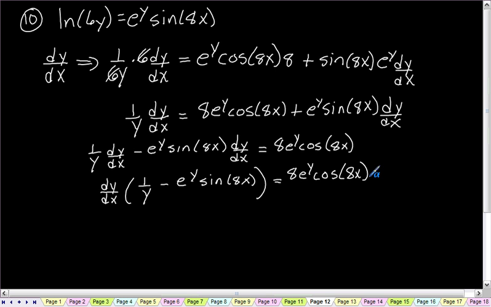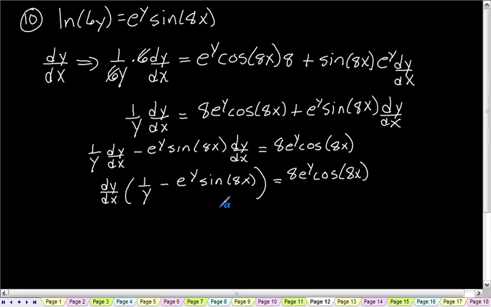Now what I do is try to find a common denominator for both of these. If I can mix the two together, it's easier. I could just take the reciprocal to solve for it. To do that, I need the same denominator. I could multiply this one by a y on the top and a y on the bottom.